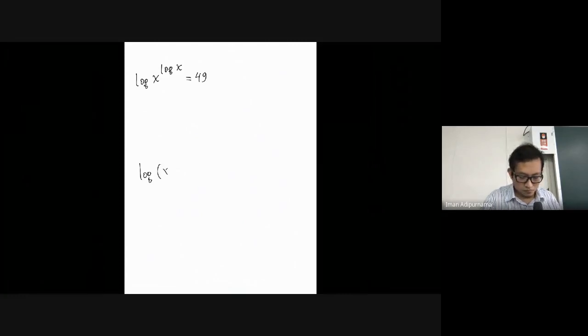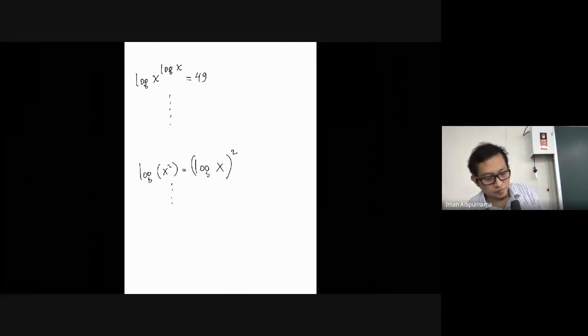This is the log equations example. I will just give you the example on how to deal with it. Can you try for a couple of minutes?